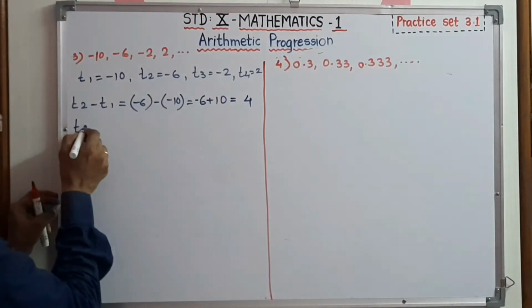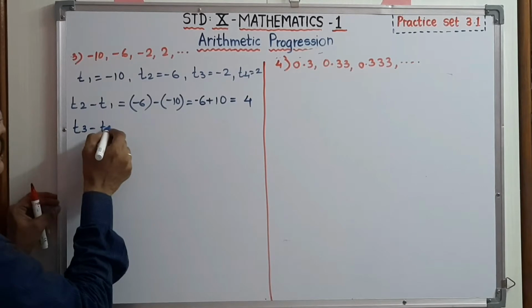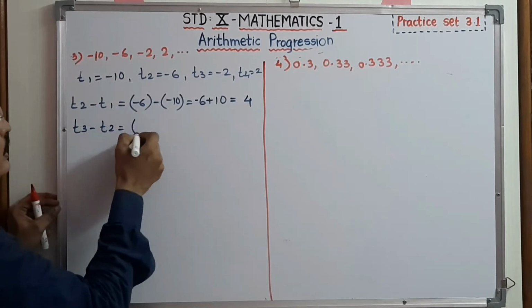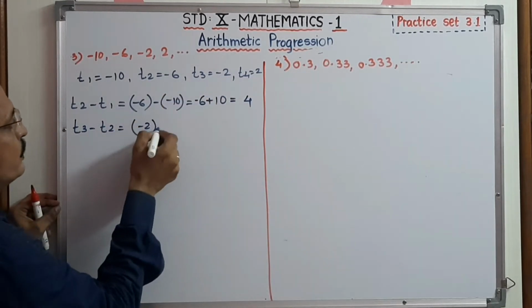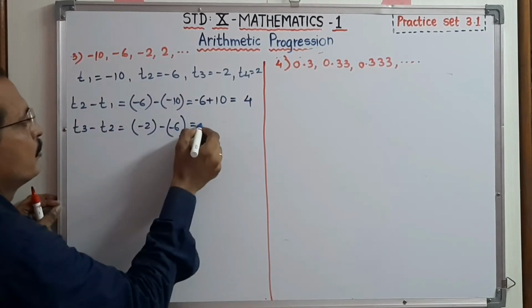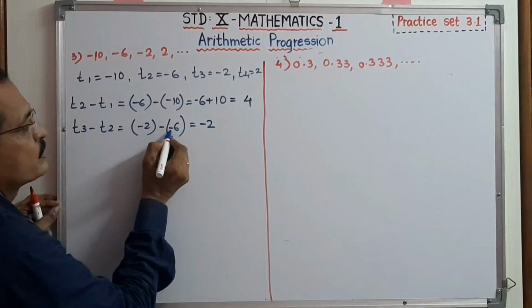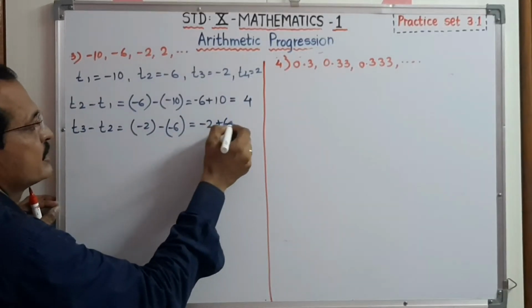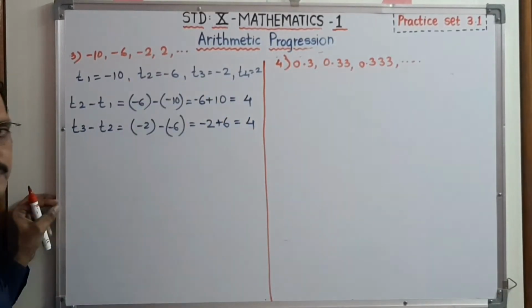Then here it is t3 minus t2. t3 is minus 2 minus t2 is minus 6. Same here, minus 2. This minus minus will become plus 6 and here it is 4.